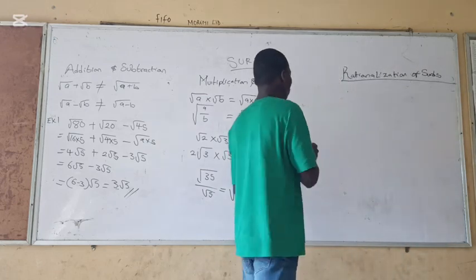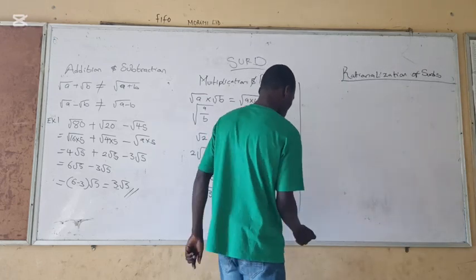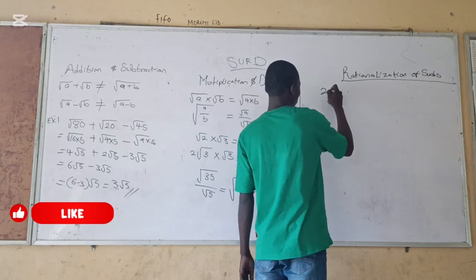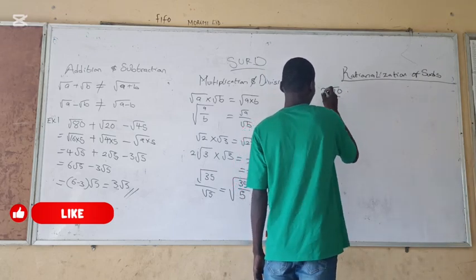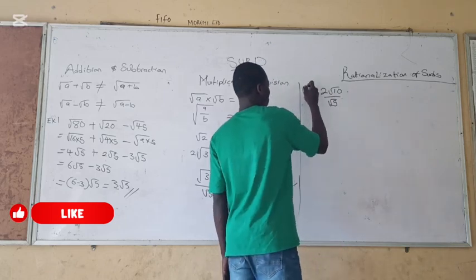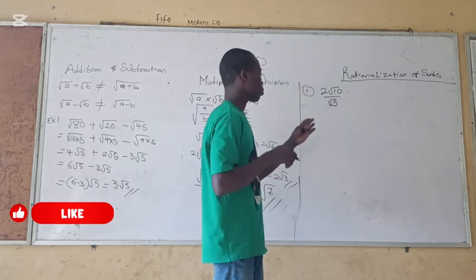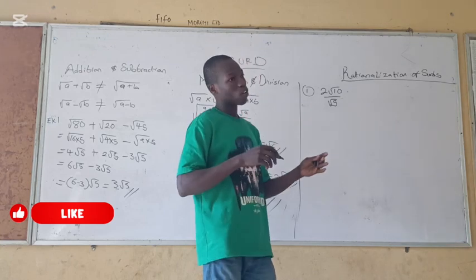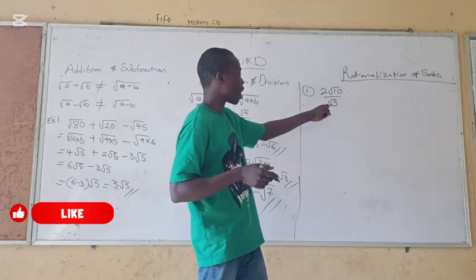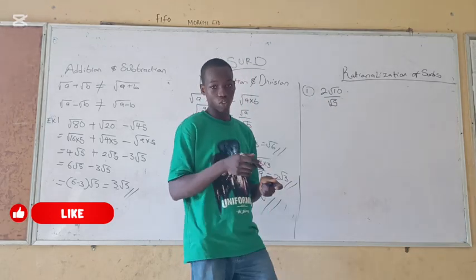Now, let's first solve one with a single surd. For instance, you have 2 root 10 over, let's say, root 5. Example 1 under this. How do you simplify this? To rationalize, first thing, why do you rationalize? If you look at this question, we are having root 5 as the denominator.